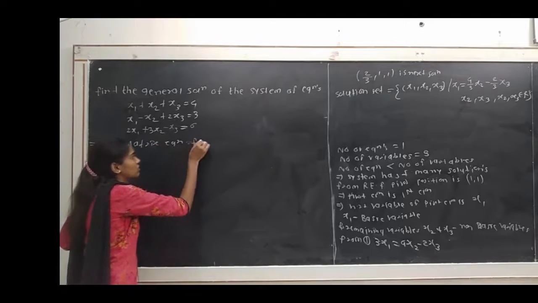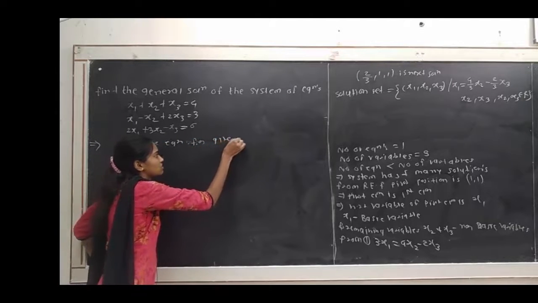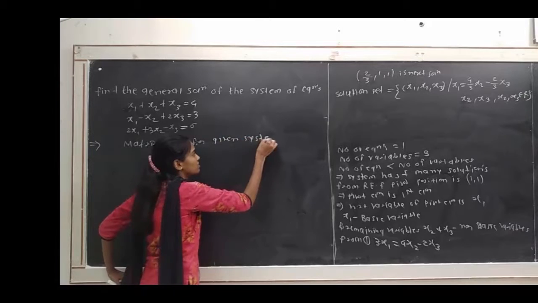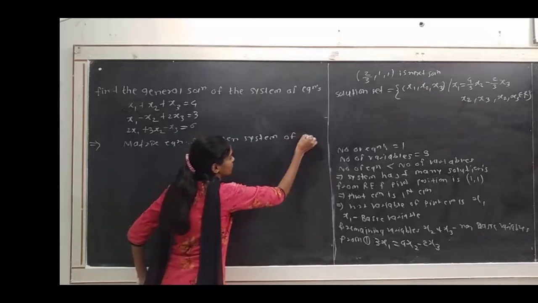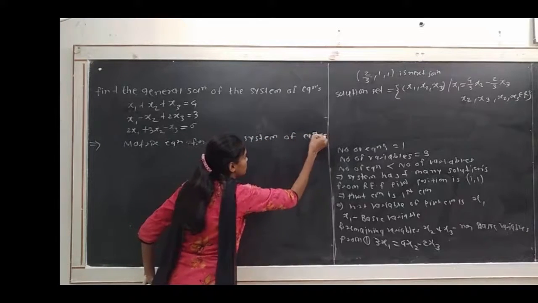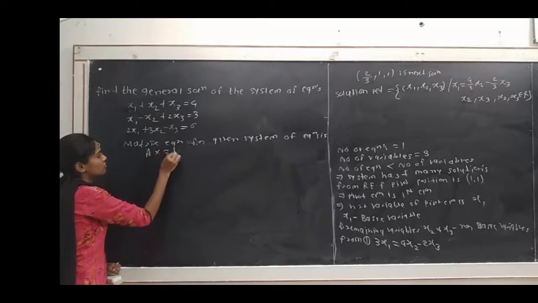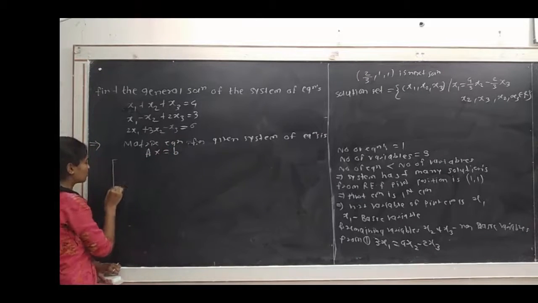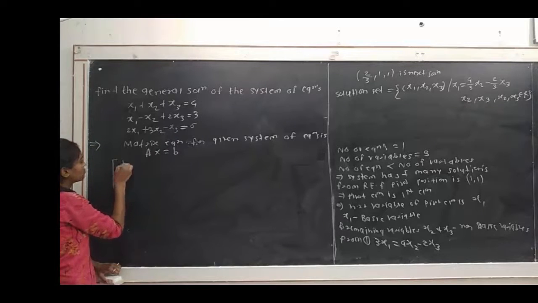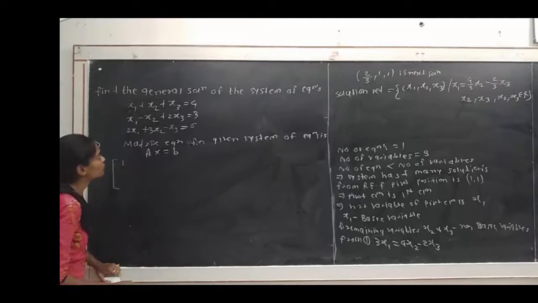The matrix equation for the given system of equations is Ax = b. We write that equation. A matrix will have 3 rows, because the number of equations is 3.